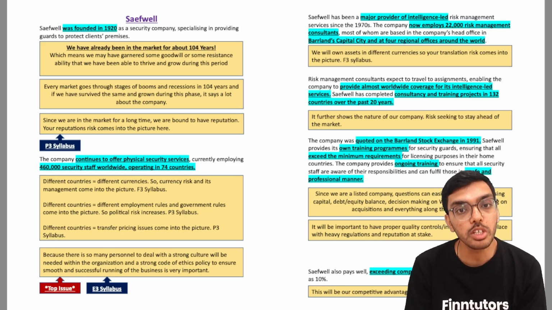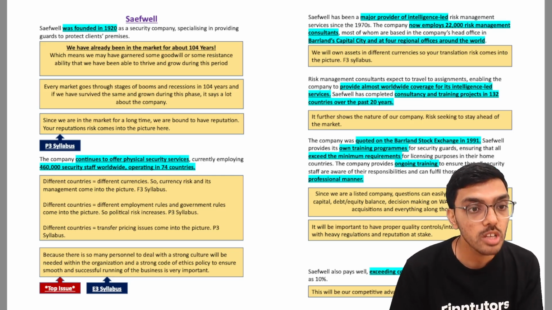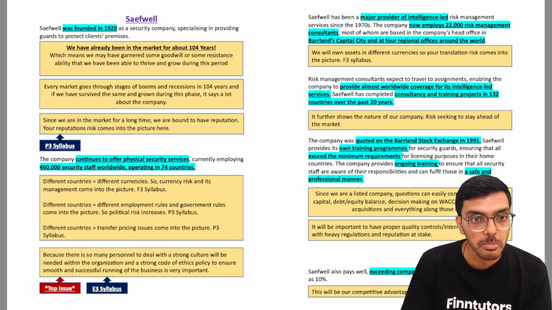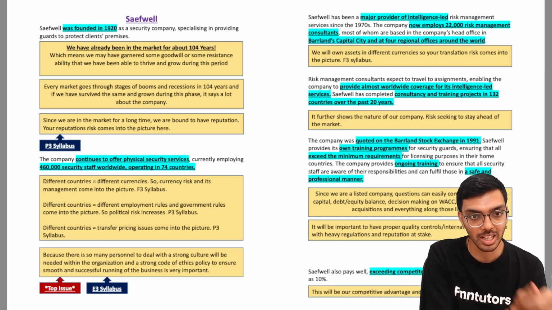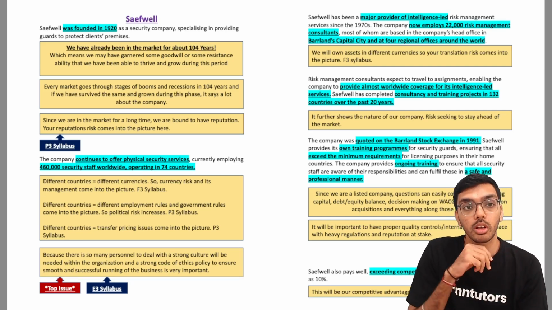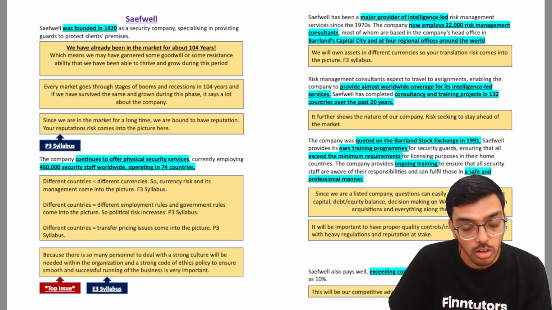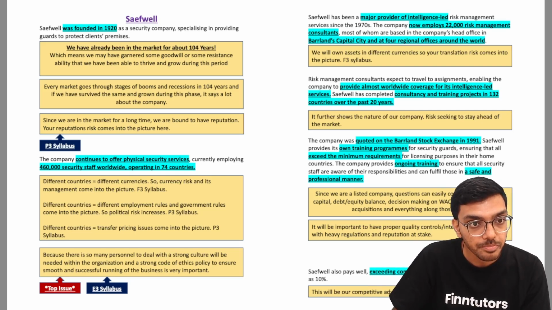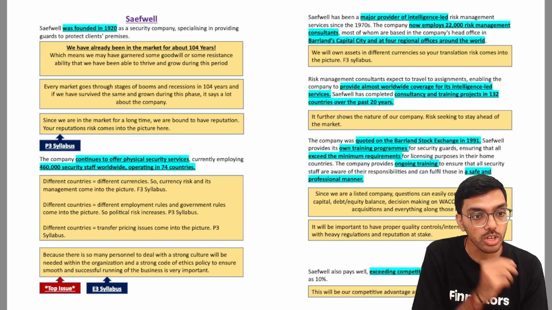Reputation risk comes into the picture over here because of our current standing. Because with 104 years in the market, naturally we will have had good goodwill, customer base, customer support, and all of this can possibly lead to reputation risk. So you need to remember, I have been in the market for 104 years.